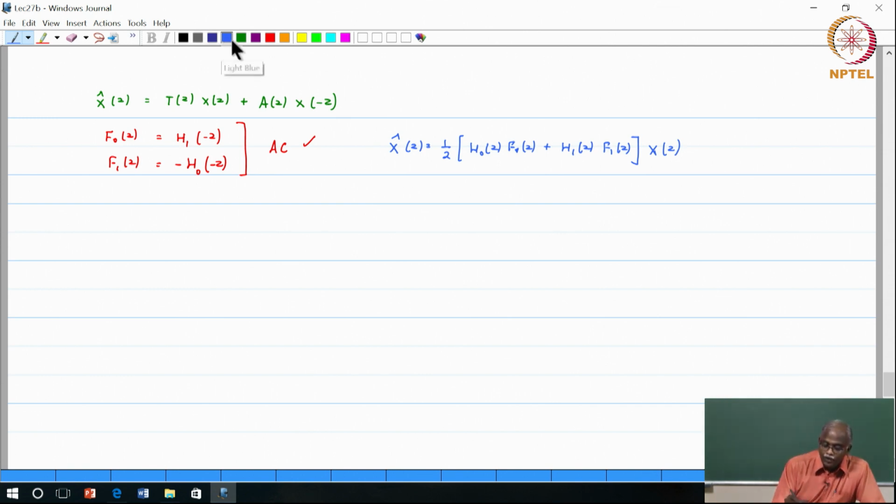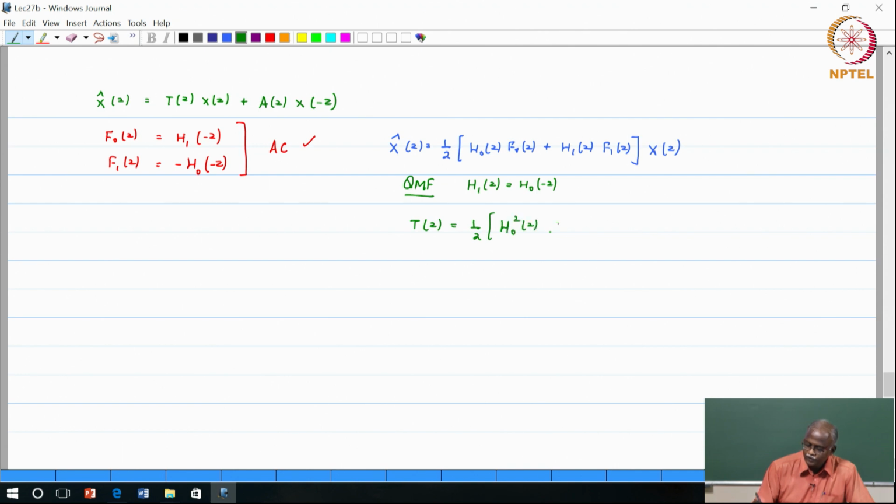Now, recall that we enforced a condition called the QMF constraint. The QMF constraint said that the 2 filters are related to each other, and you can apply the following constraint: h1 of z is equal to h naught of minus z. So, therefore, we got the transfer function t of z to be equal to 1/2 of h naught squared of z minus h1 squared of z, correct.